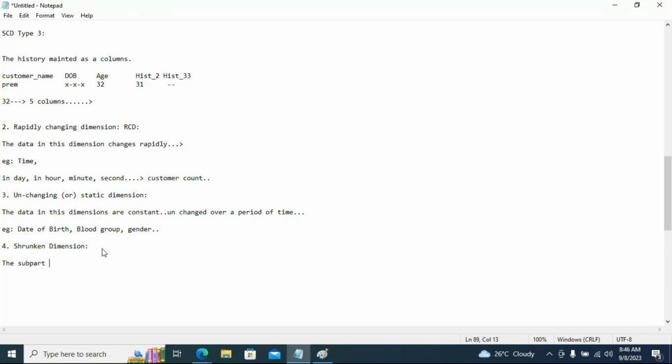A subpart or subset of one dimension is called a shrunken dimension. For example, subpart or subset of another dimension can be called a shrunken dimension.